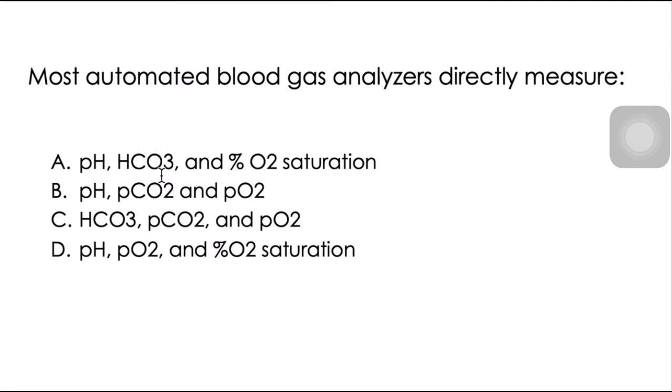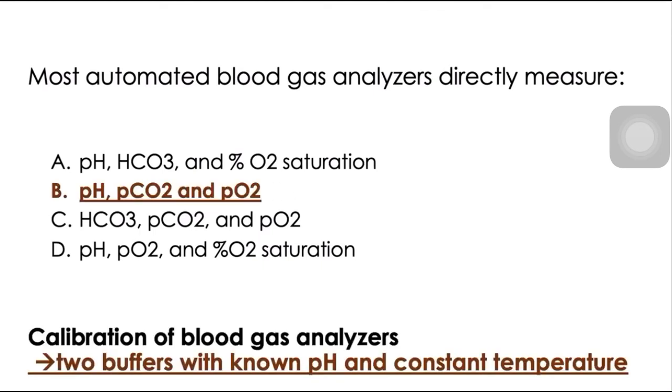Bicarbonate, that's for carbonic acid pala. Carbonic acid is computed by multiplying PCO2 times 0.03, pero yung bicarbonate can be computed by total CO2 minus carbonic acid. Okay? So, for blood gas analyzers, ang ating directly na mini-measure, or we can compute nga bicarbonate by Henderson-Hasselbalch equation. Pero yung for automated blood gas analyzers, what we are measuring is the pH, the PCO2, and the PO2. Again, nalinawin ko po, yung mini-measure ng blood gas analyzers, pH, PCO2, at saka PO2.